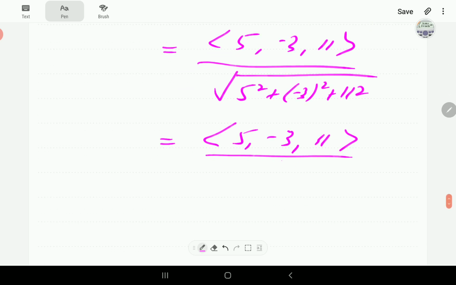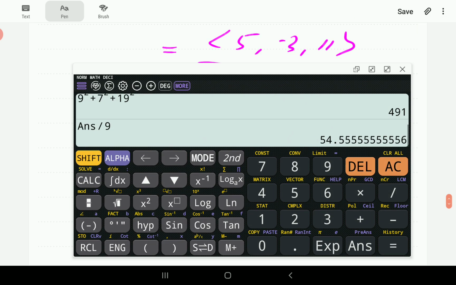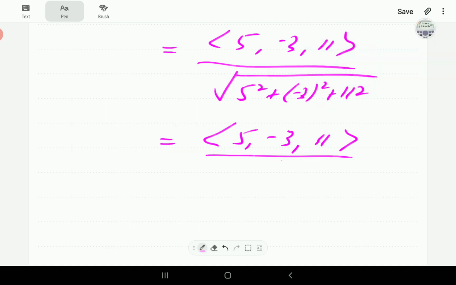So that's going to be 25 plus 9 plus 121. That's 155. So it's divided by the square root of 155.